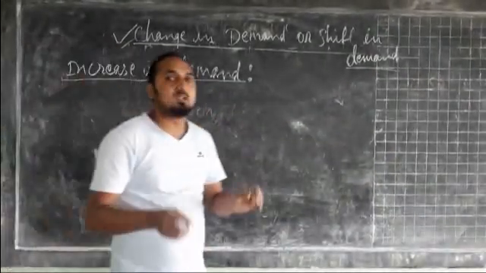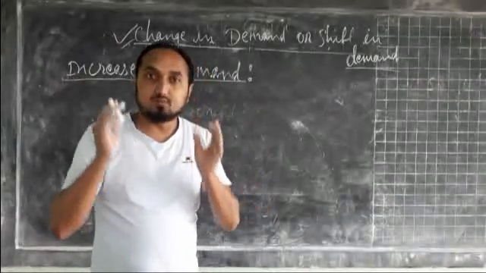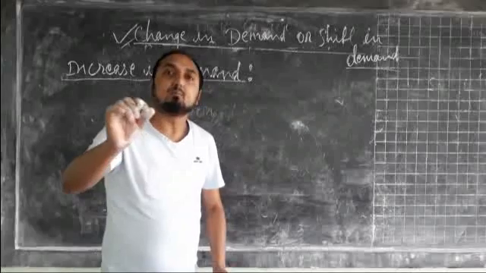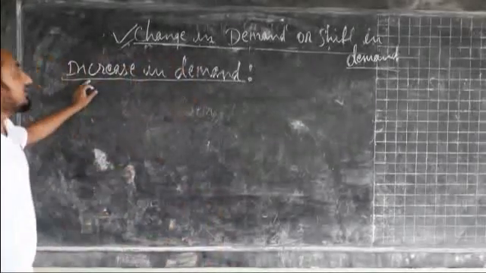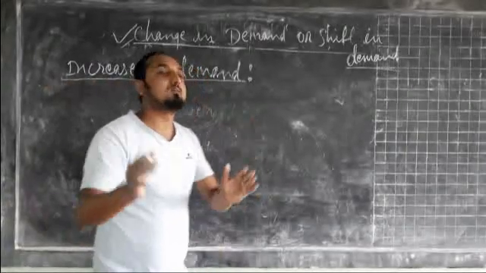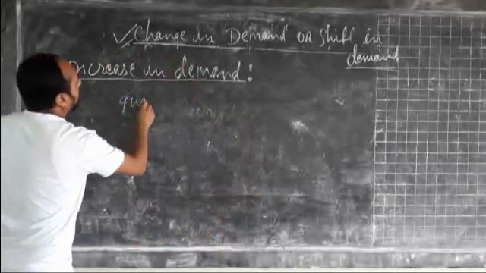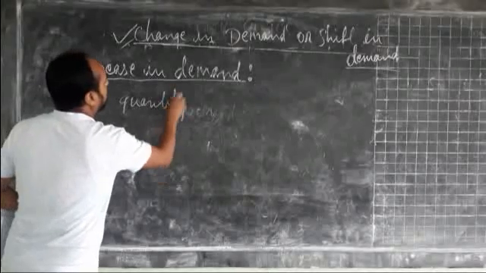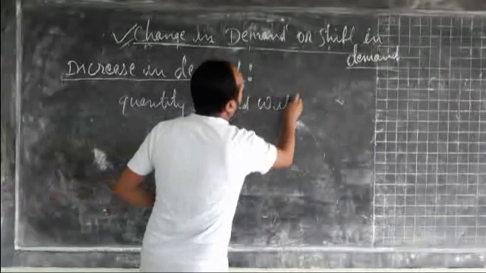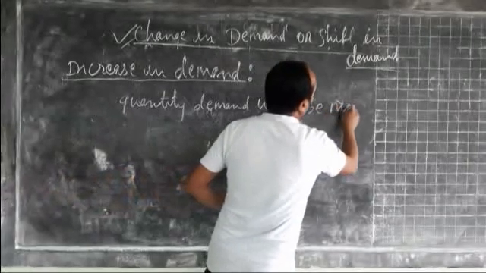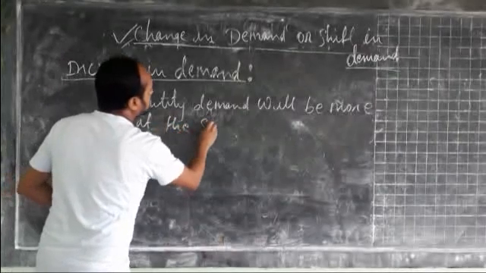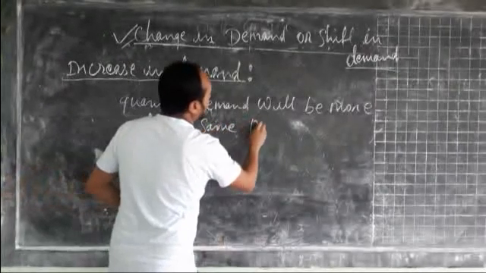So increase in demand refers to the situation in which the quantity demand will be more at the same price. Once again, increase in demand, it is the situation in which the quantity demand will be more at the same price.